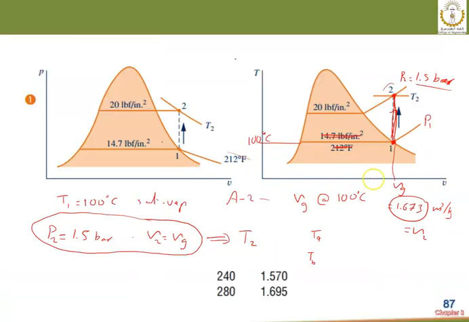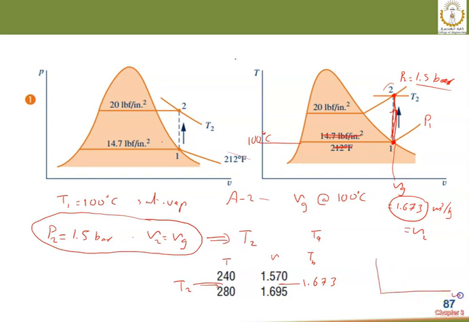So our value 1.673 is between these two values of the specific volume, and so our temperature will be here. This will be T2, and you know what you should do now. You should do interpolation.